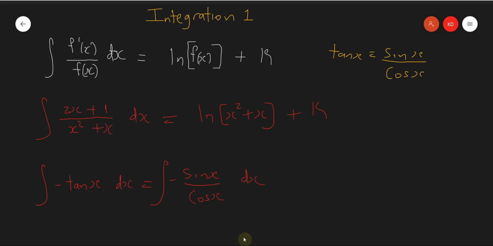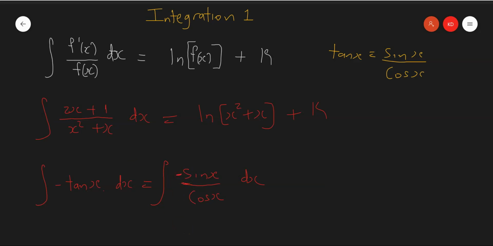Good. Now what we need to ask ourselves is, is the numerator the derivative of the denominator? And if we differentiate the denominator, which is cos x, we're going to get negative sine x. Now since there is a negative sign here, and this being a fraction, the negative sign can either go in the numerator or the denominator. We're going to put it in the numerator.